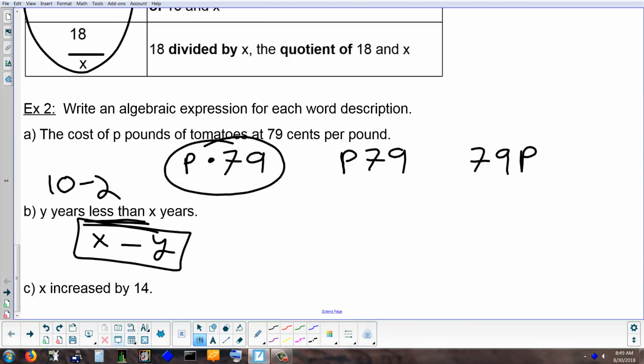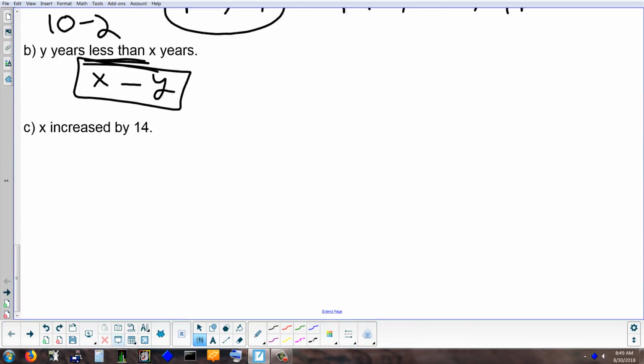Last one. X increased by 14. Melanie, what operation do you think we're doing there? Addition? Yeah, we're doing addition. And now we're taking x and increasing by 14. So Laurel, could you tell me how I would finish that off?